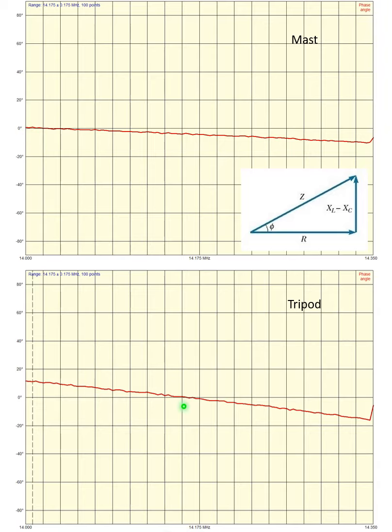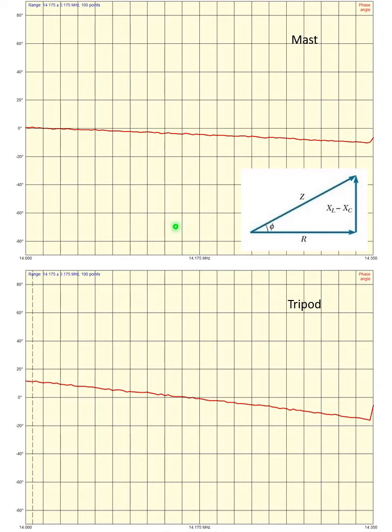So one thing that happened when we moved the antenna from the 5-foot to the elevated position is that the resonant frequency moved down due to the height. The best way I can describe that, and I may be wrong, if somebody knows for sure, let me know, is that when the antenna is close to the ground, you get more capacitive coupling of the antenna with the ground, so you have more reactance.